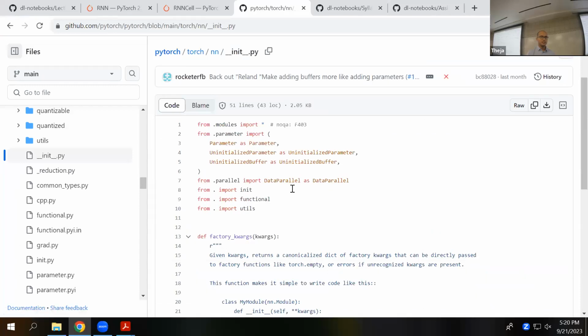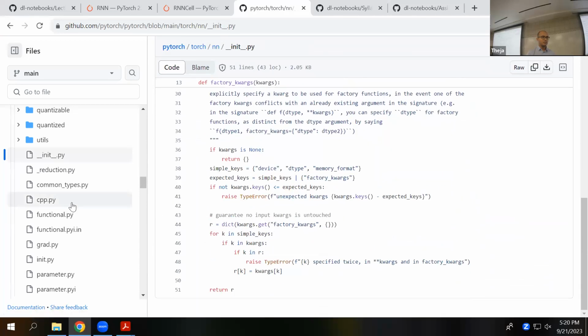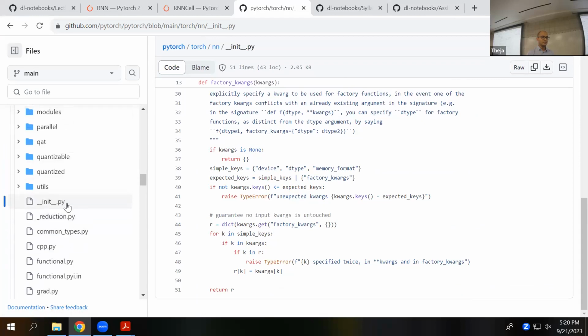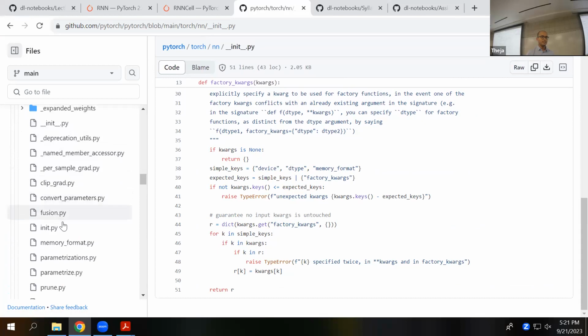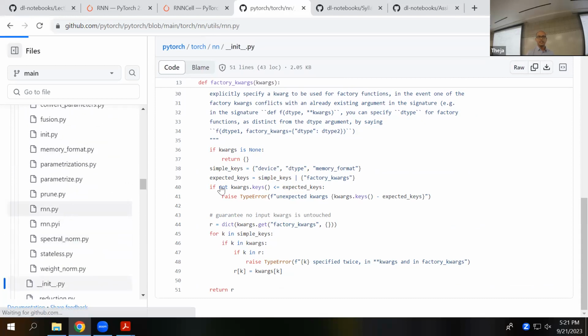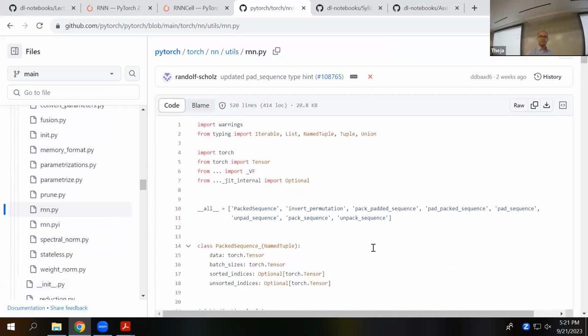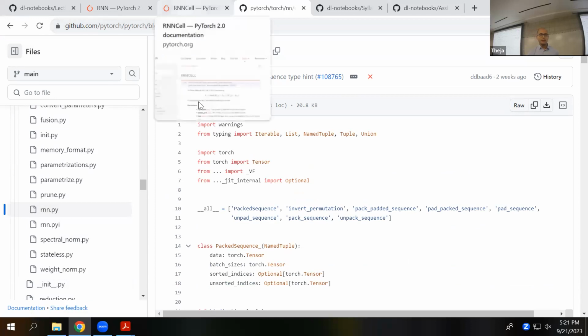Let's see what's going on in it. Okay, init is not doing much. utils has some py files that you can look at. RNN, there's RNN here, but it's actually some helper functions rather than the RNN class itself. But you can get a sense of what's going on by going through this code.